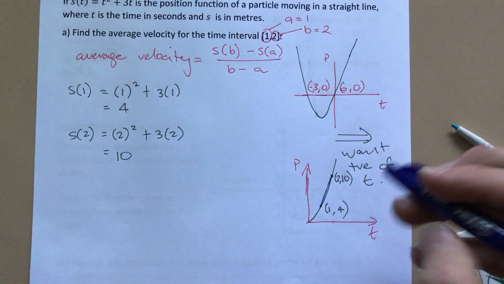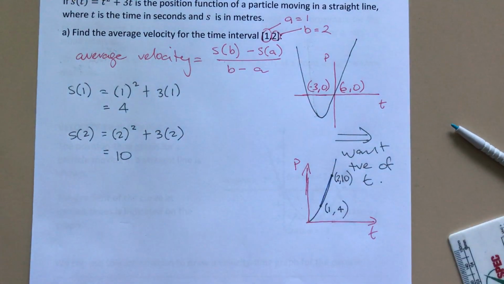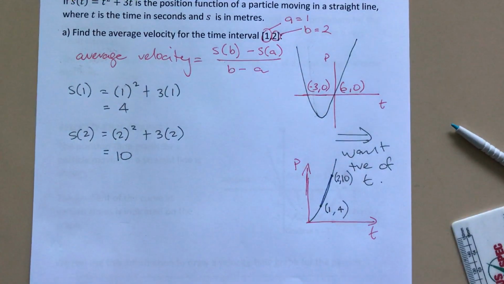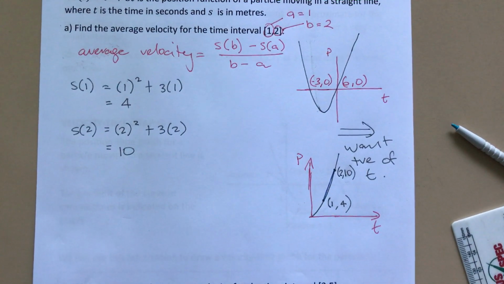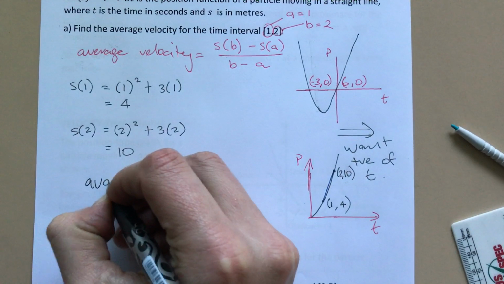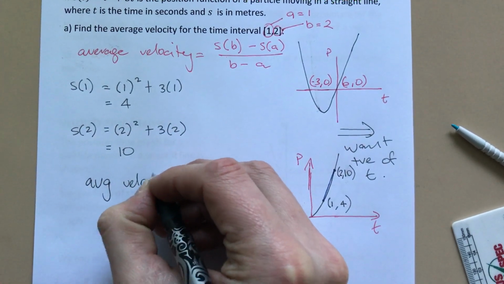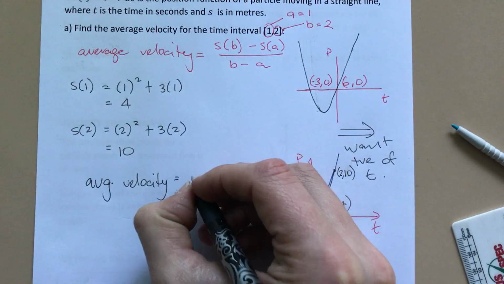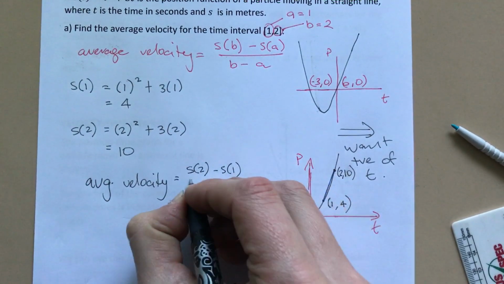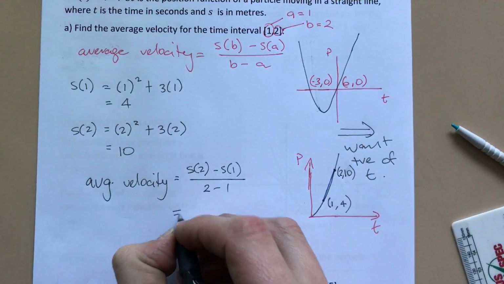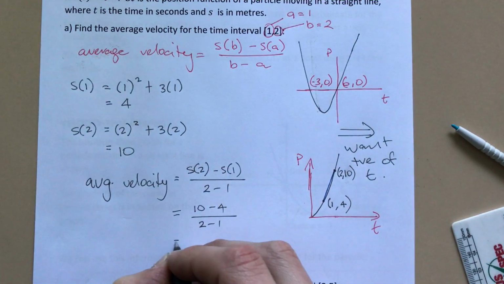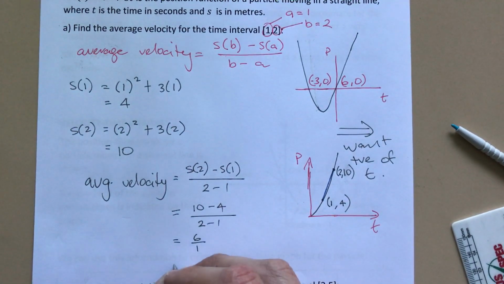Okay, so when we work out the gradient of this line, it's a little bit hard to see on that video there, but average velocity between those 2 points is your average rate of change. We're using our average velocity formula, so substituting in, average velocity equals s of 2 minus s of 1 over 2 minus 1, which gives us 10 take 4 over 2 take 1, 6 over 1.